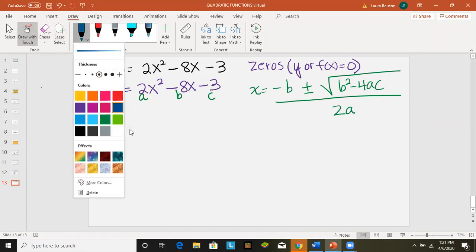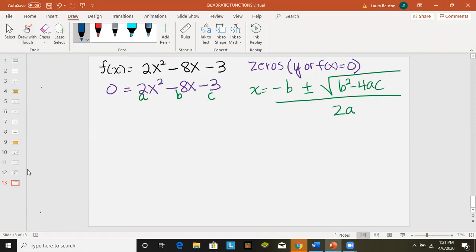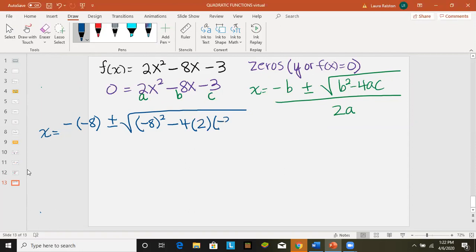Okay, so now it becomes kind of that plug and chug. So if I begin plugging into my quadratic formula, I have x equals the opposite of negative 8, which is the value for b, plus or minus the square root of negative 8 squared minus 4 times 2 times minus 3 all over 2 times a, which is 2.